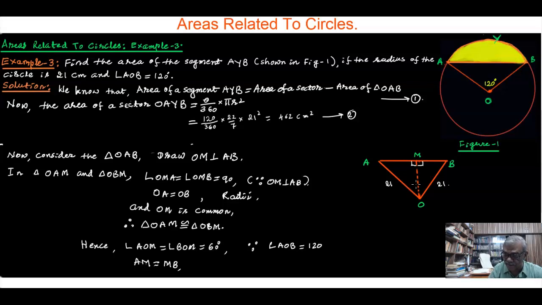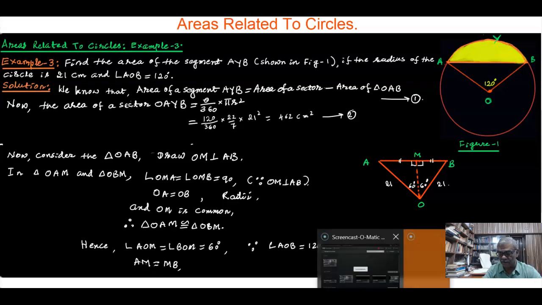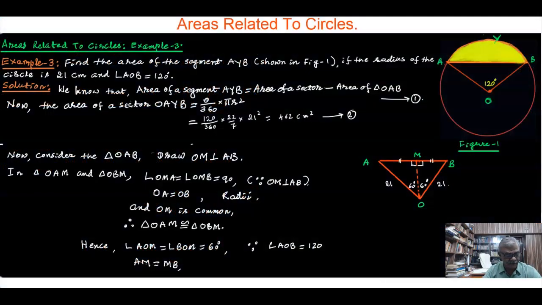Here 60 degree, this is also 60 degree, and AM equals MB, both equal because of the congruence property. Thus we have two congruent triangles, and the corresponding angles and corresponding sides are equal.